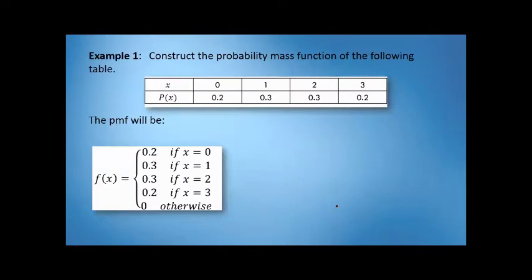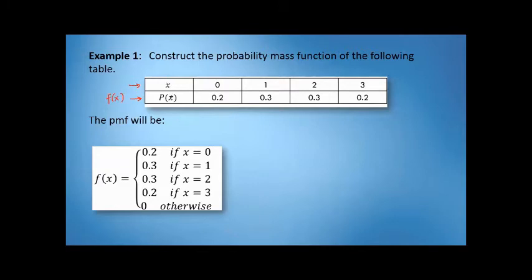Example number 1, construct the probability mass function or PMF of the following table. So yung example natin, meron tayong values sa first row, tapos meron tayong probability sa second row. Since we are talking about probability mass function, yung p of x, pwede natin siyang sabihin f of x.